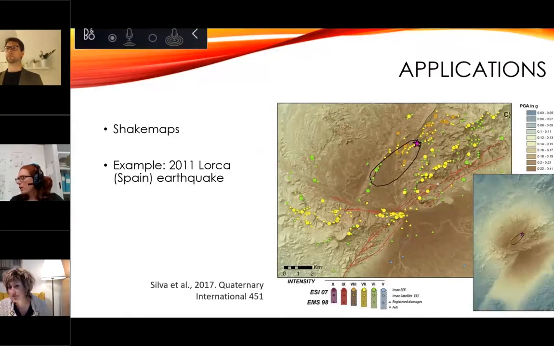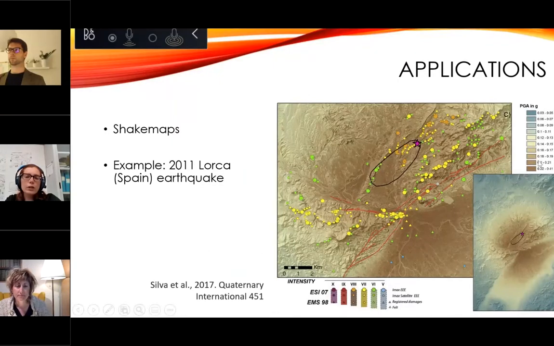Another interesting application is mainly developed by the Spanish group of people working on the ESI scale, and they are basically applying the ShakeMap procedure or algorithm using natural environmental effects.